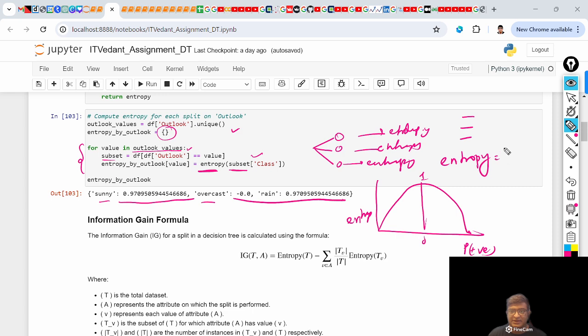Entropy, as we know, measures the purity of the split. From thermodynamics in physics classes, entropy is nothing but randomness. For example, if we have ice, water, and vapor, vapor has more entropy because it is more random.